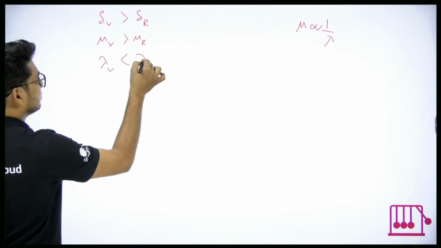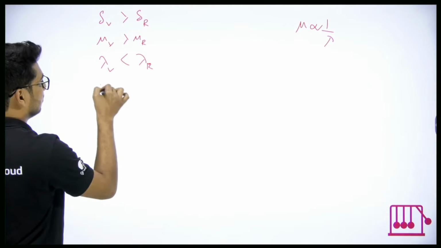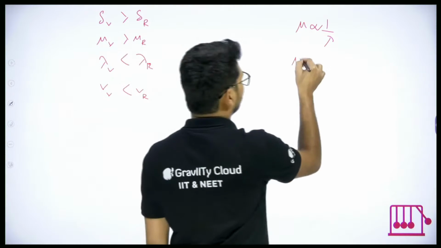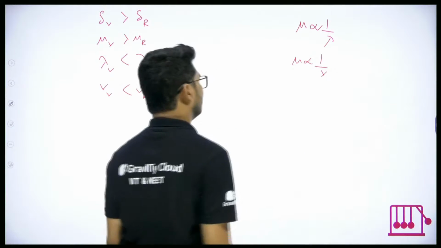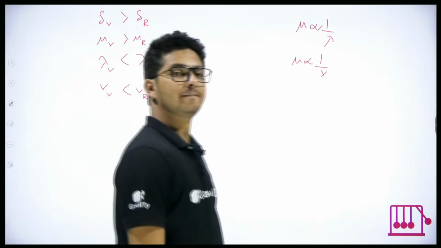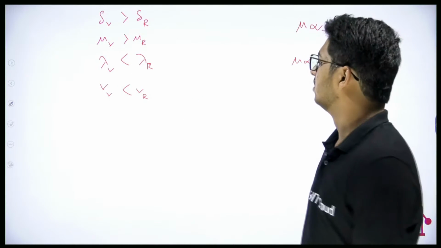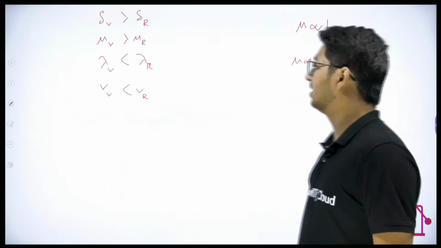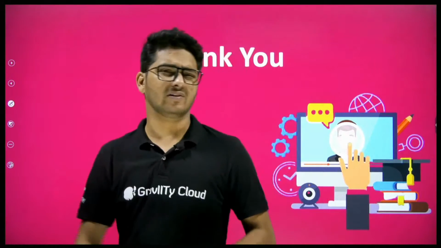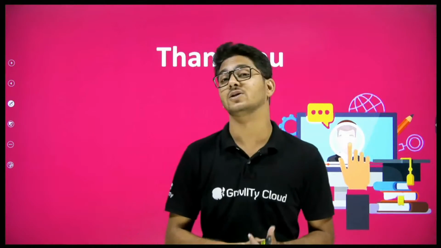Violet light will have the least wavelength, red light will have greater wavelength. Even in terms of speed, it is the same. So mu is inversely proportional to lambda, and mu is inversely proportional to speed. Got it? Good. Hence the answer is red color. And that's it everyone. We learned about rainbow and we went into a few questions regarding dispersion also.